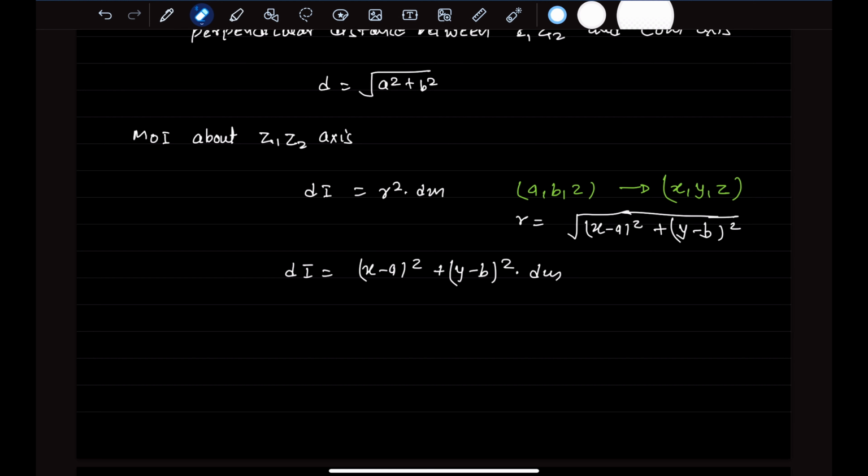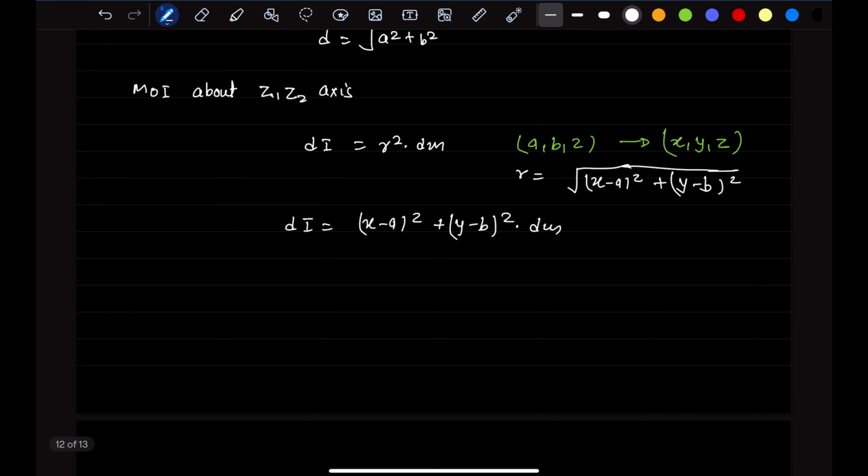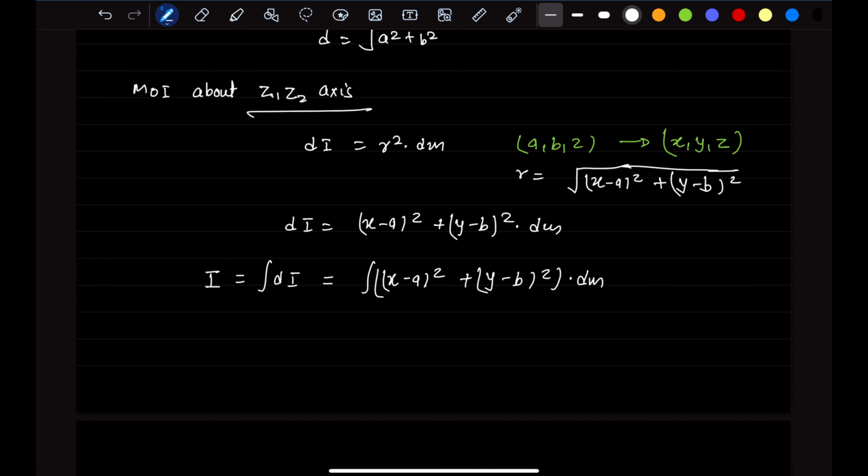Okay, so I need to find I about the Z1, Z2 axis, that is the integration of dI, that is the integration of (x minus a) whole square plus (y minus b) whole square dm. I think you don't have any doubt till now. You are able to visualize what I am explaining.